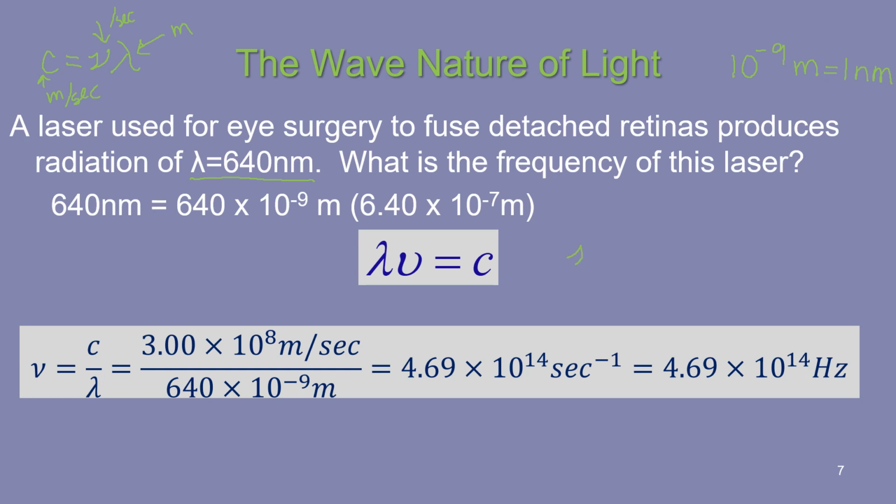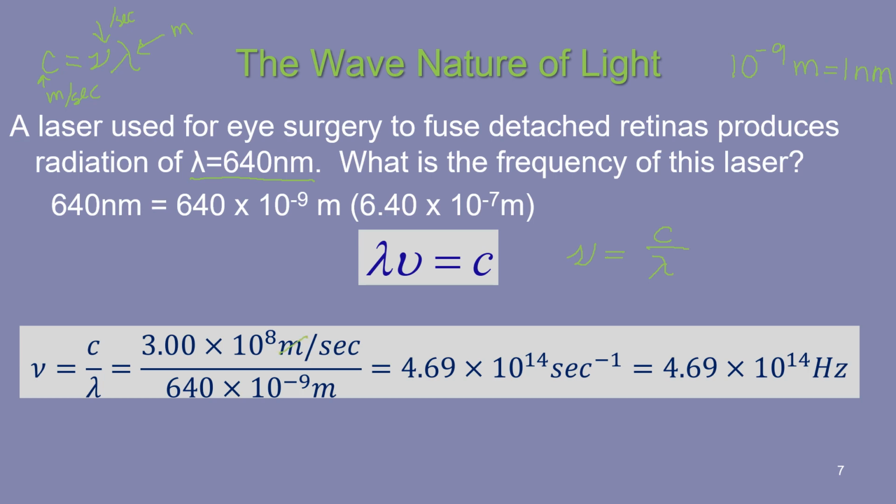Since we're looking for frequency, frequency will equal c over lambda. I use 3 times 10 to the 8th meters per second, because it only needs 3 sig figs, because this has 3 sig figs. Even that one's questionable, but we can go with 3. So 640 times 10 to the minus 9th meters, and 3 times 10 to the 8th meters per second.